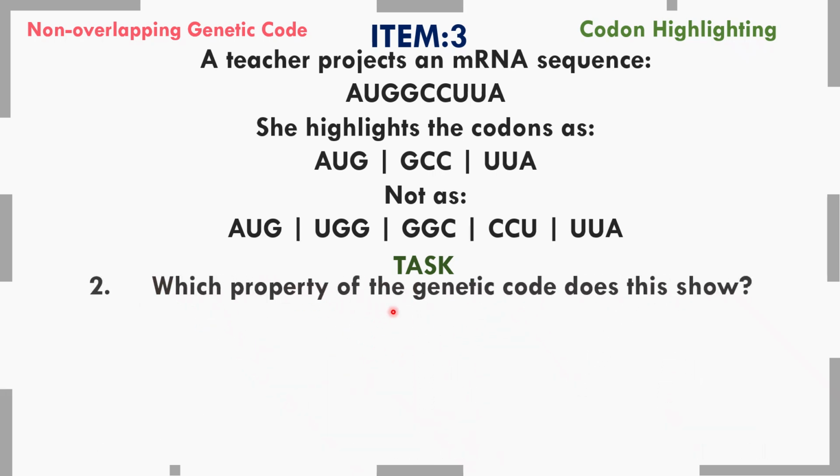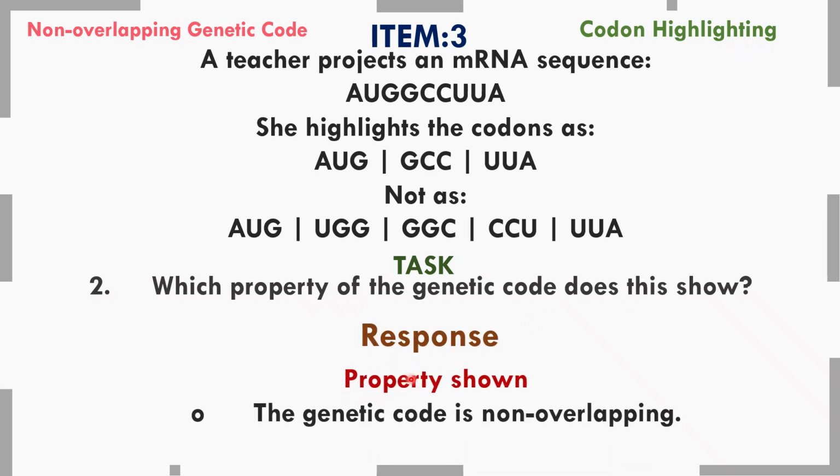Which property of the genetic code does this show? Property shown: the genetic code is non-overlapping.